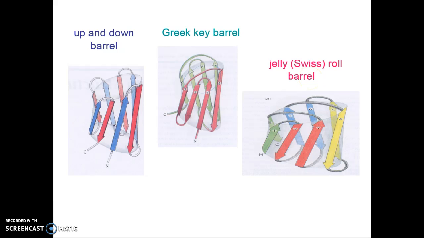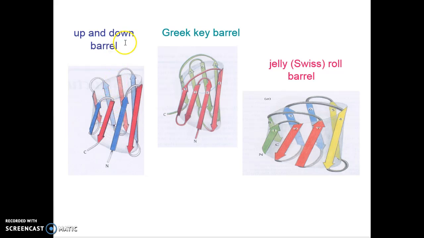Okay, they all share 8 basically anti-parallel betas making a barrel. Okay, but the way the betas are connected are different.